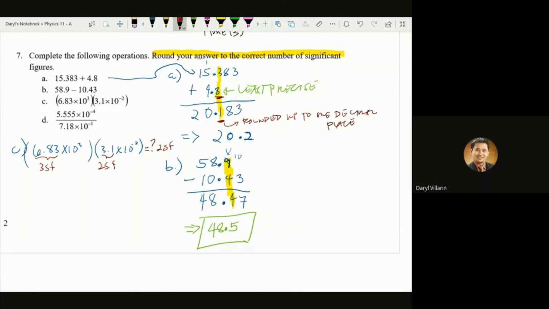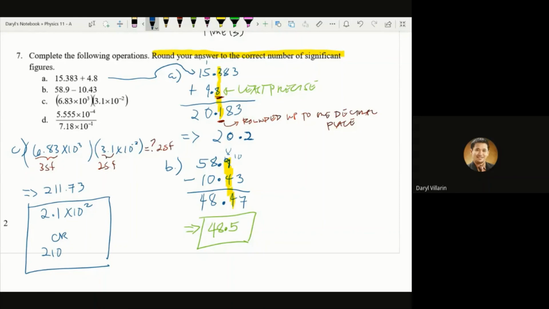So just do that one in your calculator, and your calculator might give you the whole answer, but you're gonna cut off in 2 sig figs. So that would be 2.1 times 10 to the power of 2, or this is just equivalent to 210. Okay, 2 sig figs. The final answer should have 2 sig figs.